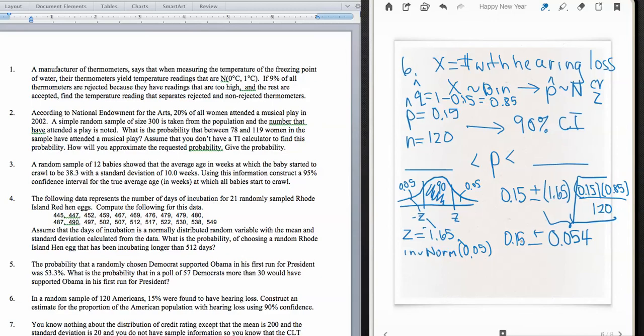And now I'll do 0.15 plus 0.054 and 0.15 minus 0.054.